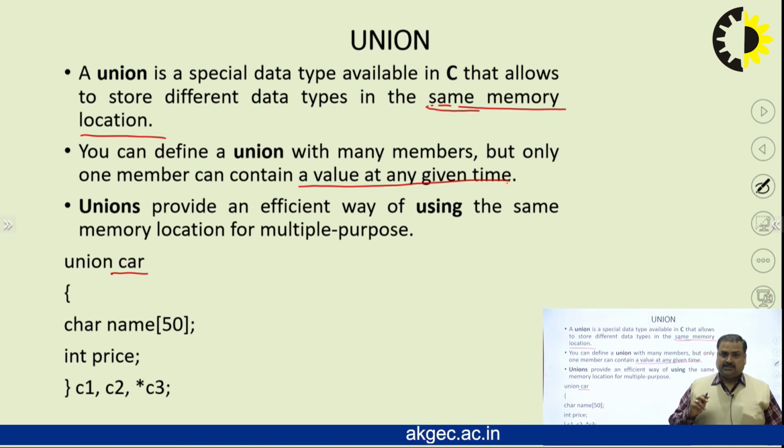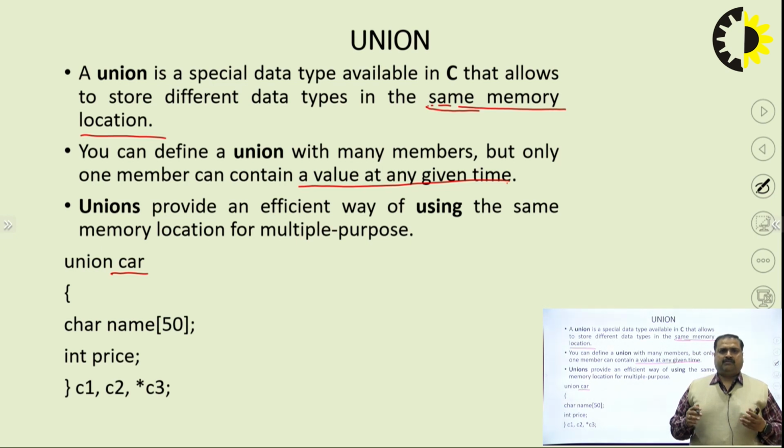It is happening because the memory is shared, and this shared memory will allow only one variable to be in force. So, the last variable which is assigned the value will be the valid one. The previous members which were assigned values, their values will be overwritten or distorted, because the next value given to a particular member will overlap the value held by previous members.